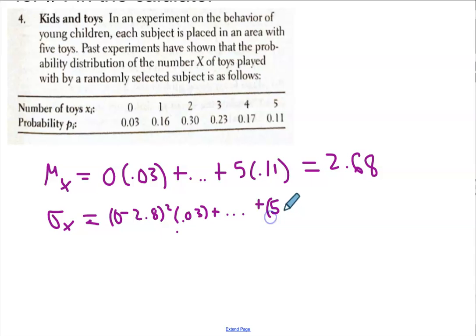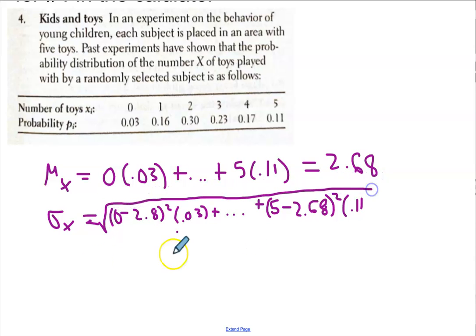So 5 minus 2.68 squared times the probability. And something to remember, this is not the formula for standard deviation. This is the formula for variance. So if I want standard deviation, I need a whole big giant square root over the whole thing. Then I can show that that equals 1.31, because that's what we saw from the calculator.